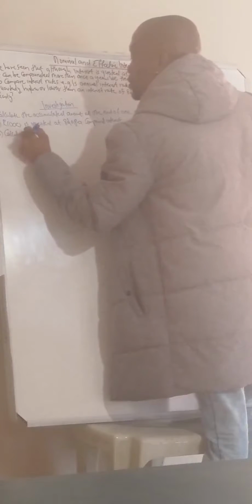Secondly, we're going to calculate the value of 1,000 if it is invested for 1 year at the same 8% per annum compounded.